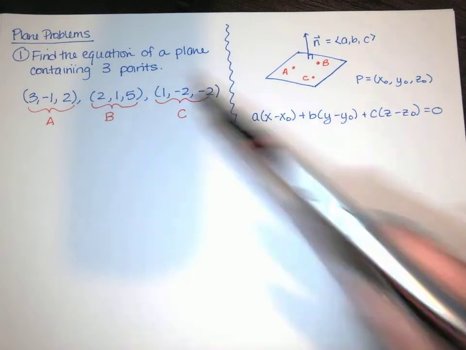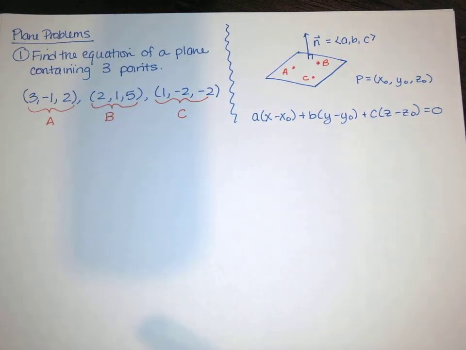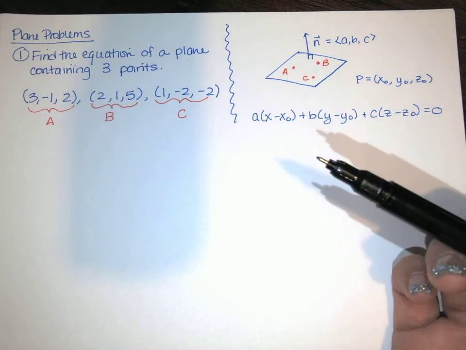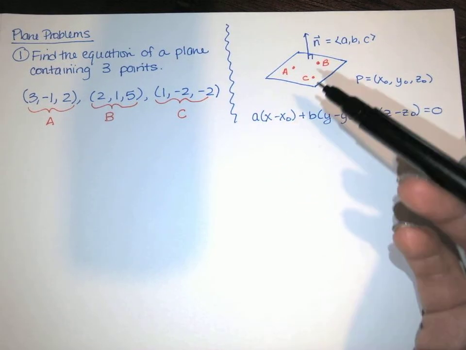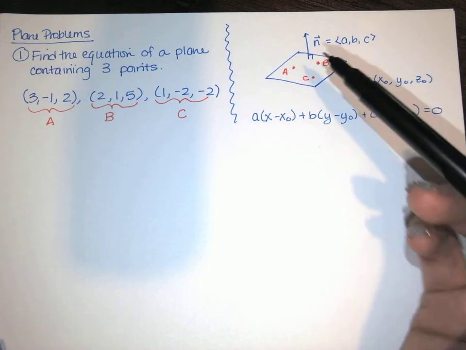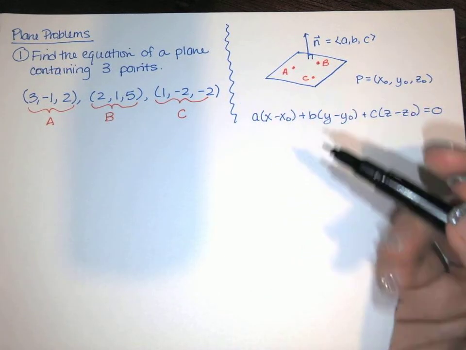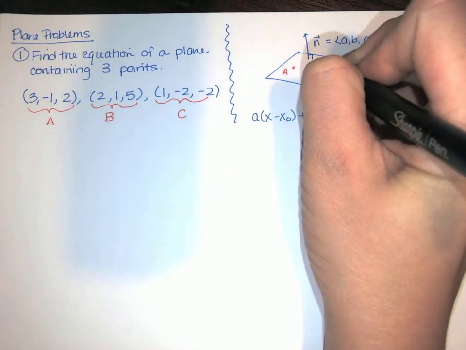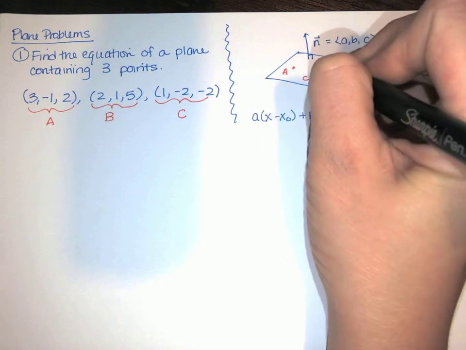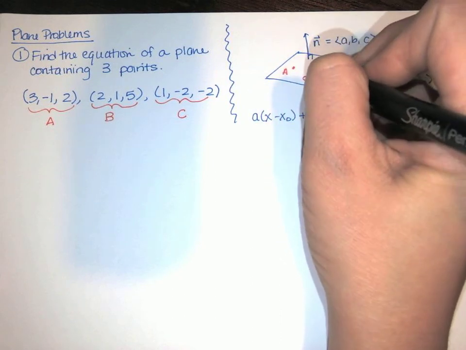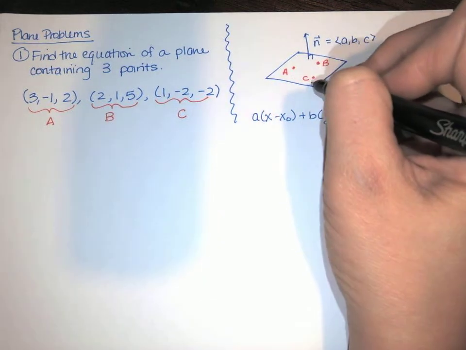If someone gives me 3 points, or a number of points, and they're related to some geometric object, if I want to use vectors to find out something about that object, I just start drawing vectors between the points. So we could create a vector from A to B and A to C, or B to A and B to C. We actually don't even have to start at the same point.